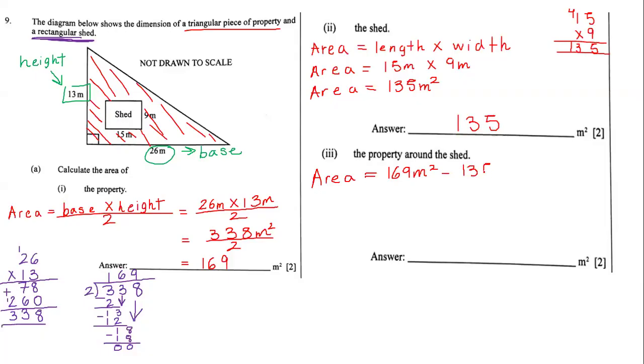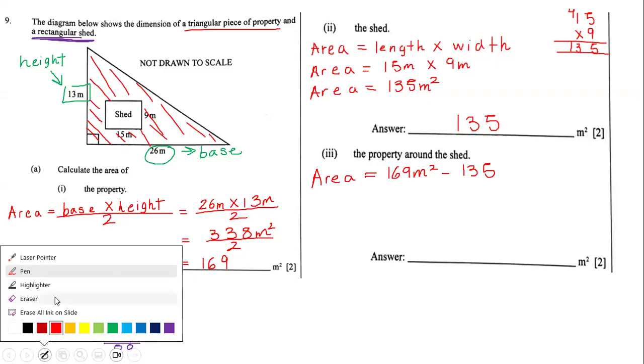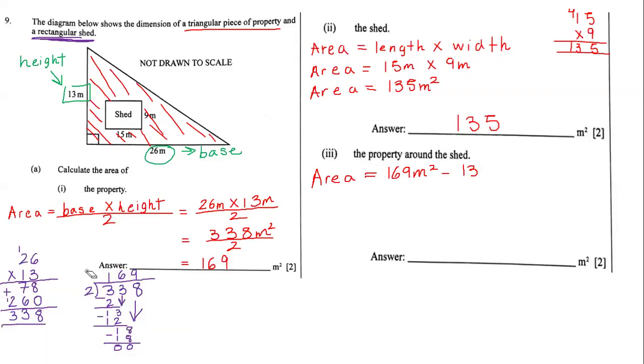And that's gonna give us the area of the shaded region, or the area of the property around the shed. So it's gonna be 169 minus 135 meters squared.